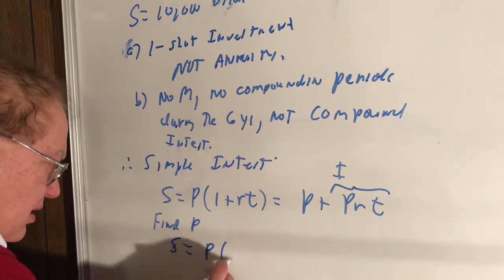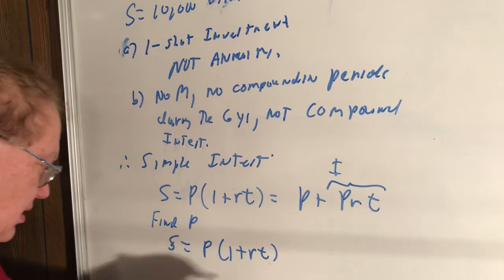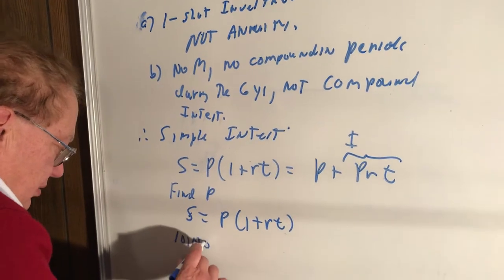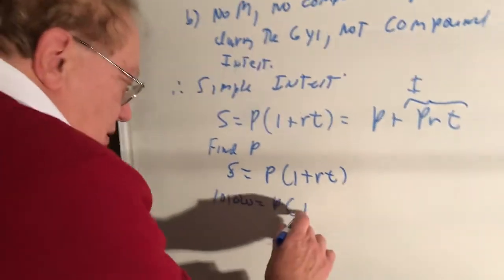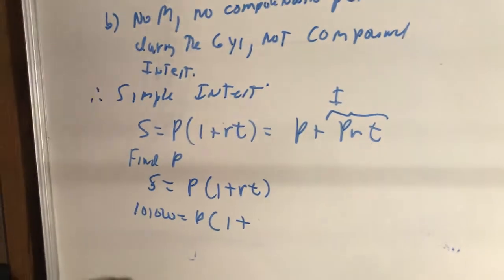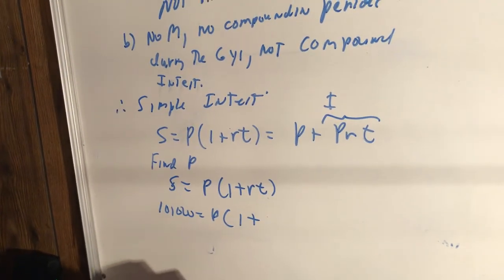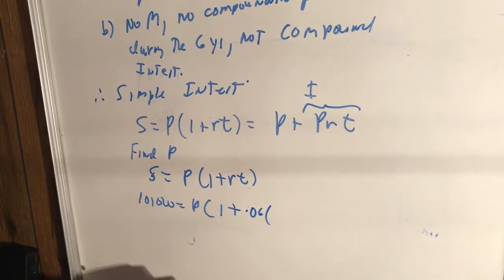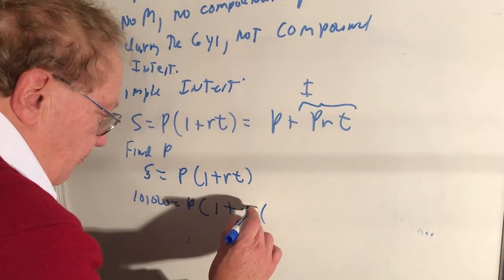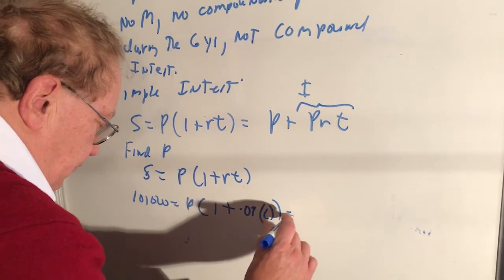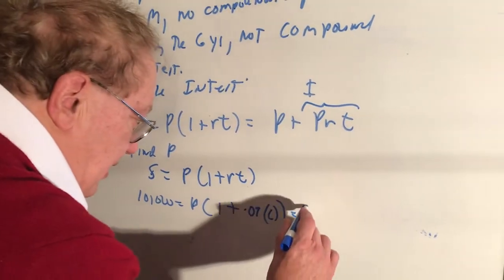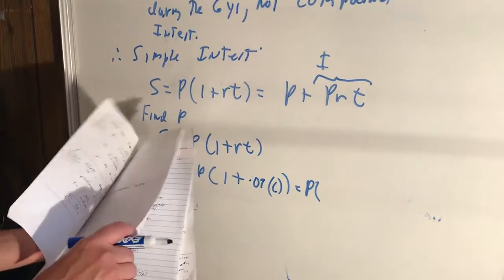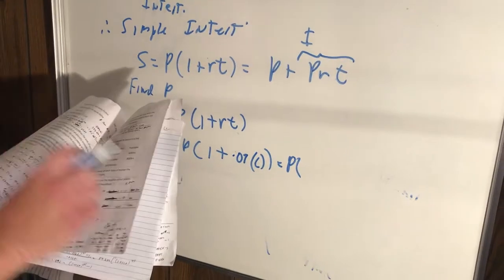S equals P(1 plus RT). So S is going to be 10,000. P I don't know. 1 plus R, 0.09, times 6 years. So that's P. And 0.09 times 6 is 0.54, right?